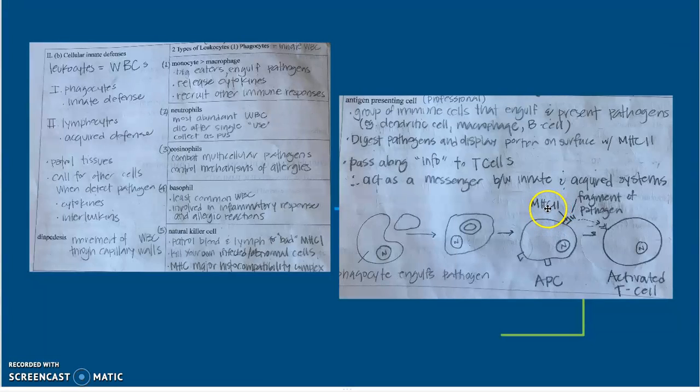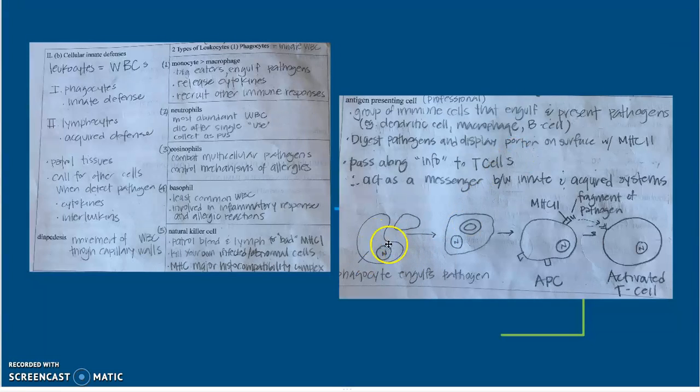So it's a slightly different protein, and it's also a cell surface protein, and it's on the cell surface of these professional antigen presenting cells. So they're the group of immune cells, and their job is to engulf pathogens, and then they're going to present, or you can think of it as displaying, a portion of that pathogen on their surface.